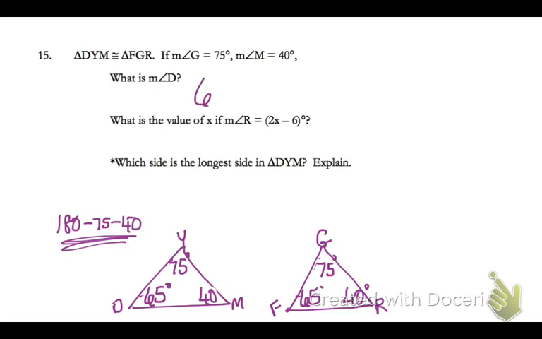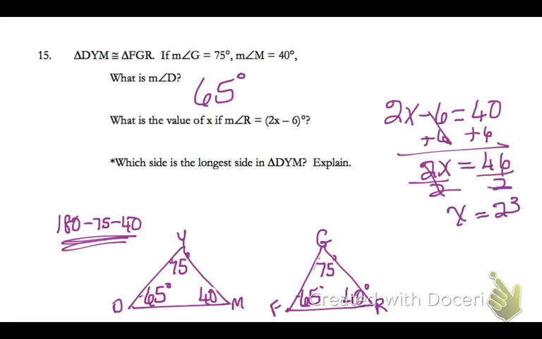So D is 65 degrees. What is the value of X if the measure of R is 2X minus 6? So 2X minus 6, and I know that R is 40. And so I'm going to solve that using algebra. And I get that X is 23.